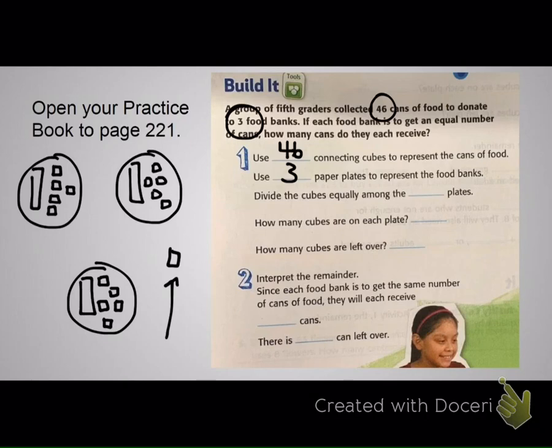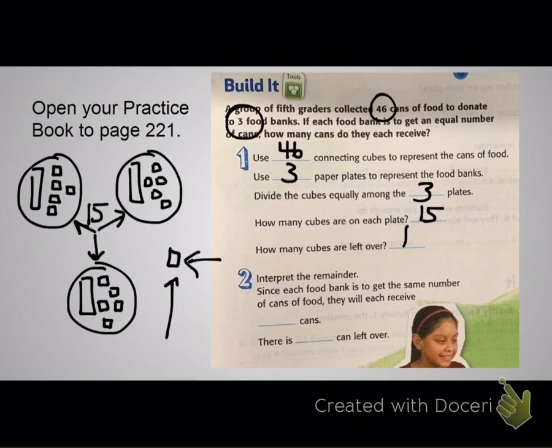Divide them equally among the 3 plates. How many cubes are in each plate? So, how many are on each one of these plates? Well, if we count them up, that should be 15 on each plate. And then how many cubes are left over? Well, that is our leftover there, isn't it? Our one left over. Interpret the remainder.